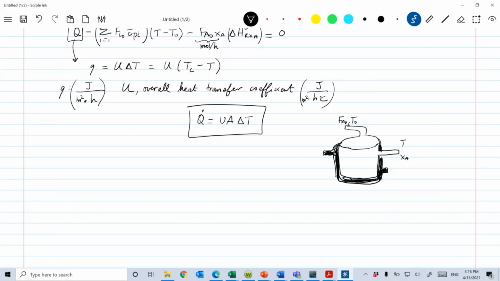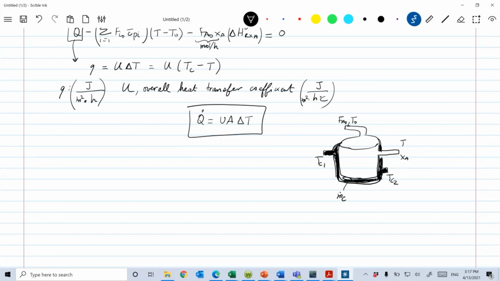What we're going to assume in this course, at least for CSTRs, is that the temperature of the coolant at 1 and at 2 is the same, because the mass flow is very, very large. So the temperature change is not significant.